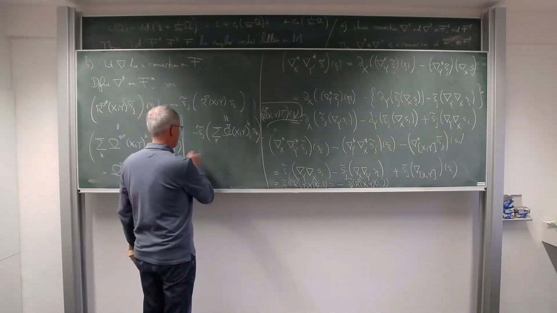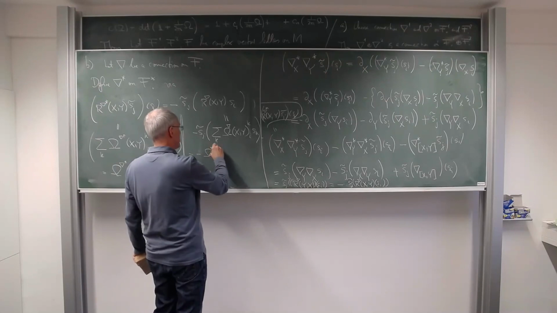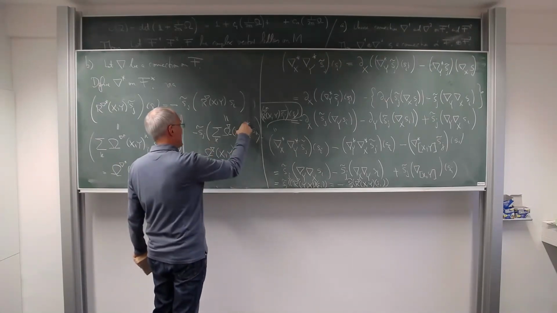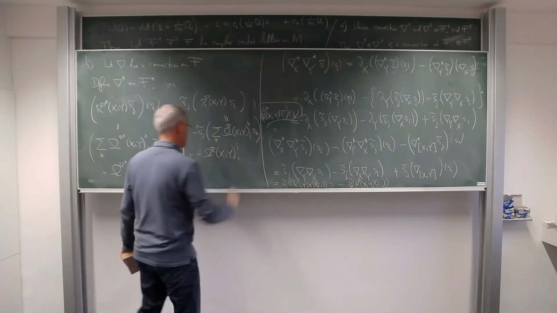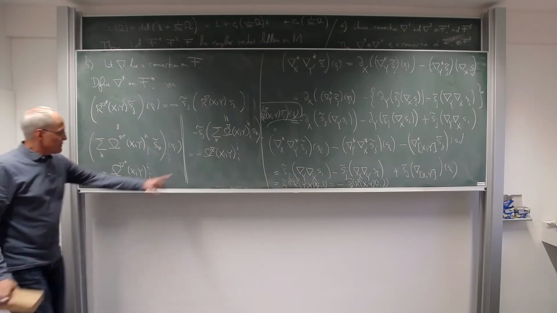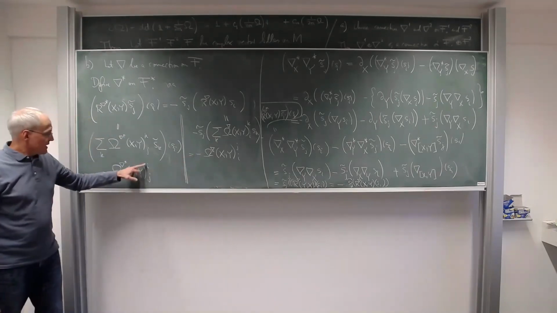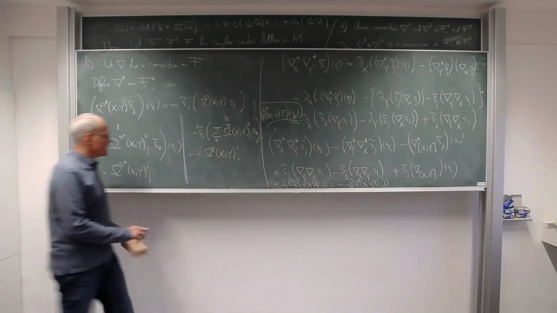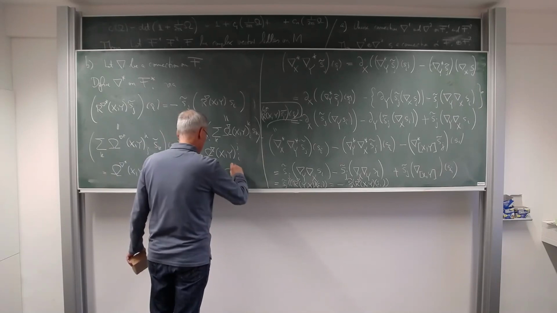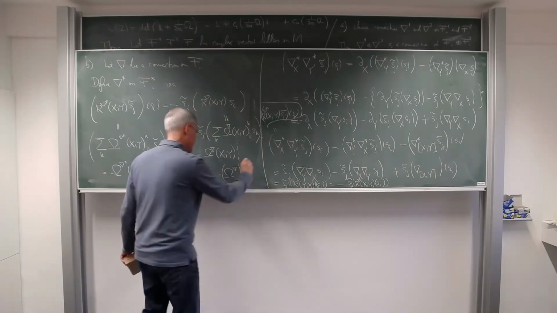So what I get is minus omega nabla of x, y, and then I have to replace the k here by a j. So that's what I get. So two things have changed. There's a minus sign here, and I and j have changed. So for the curvature matrices, we see that omega nabla star is minus omega nabla transposed.